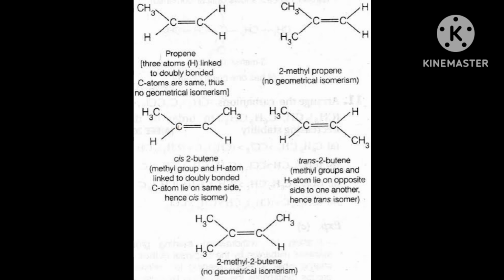For example, the dipole moment of cis-2-butene. Butene has two forms, first cis, another trans. The dipole moment of the cis form, cis-but-2-ene, is 0.33 D, whereas the dipole moment of the trans form is almost 0.